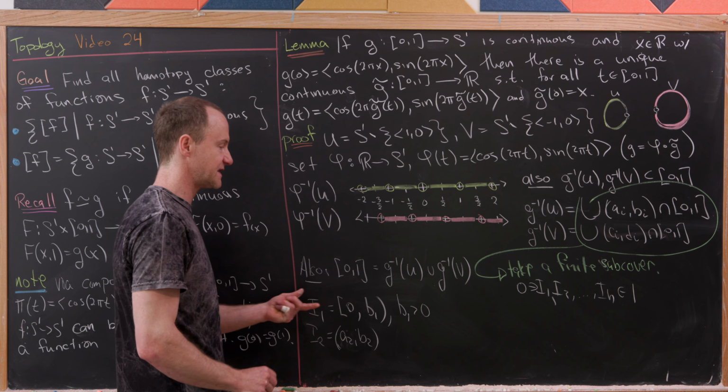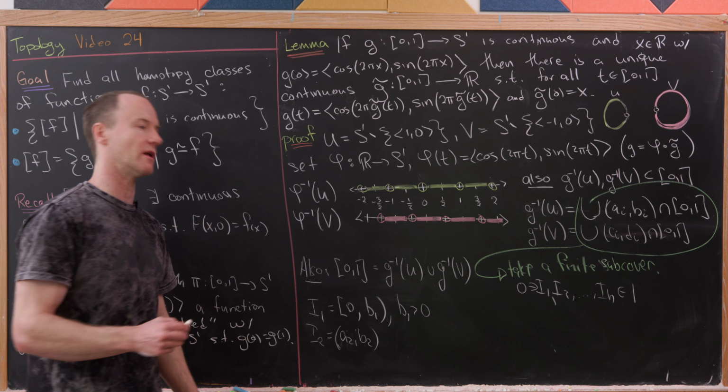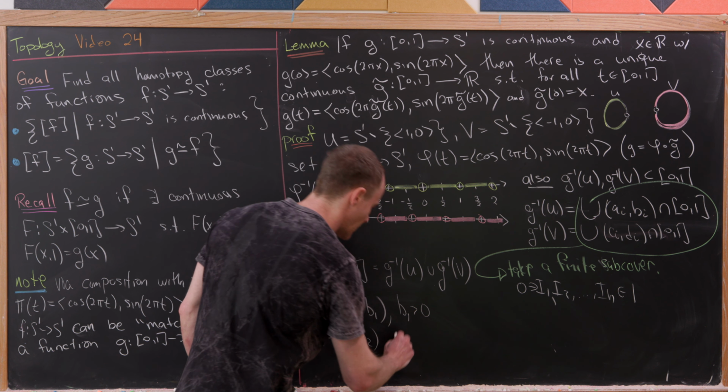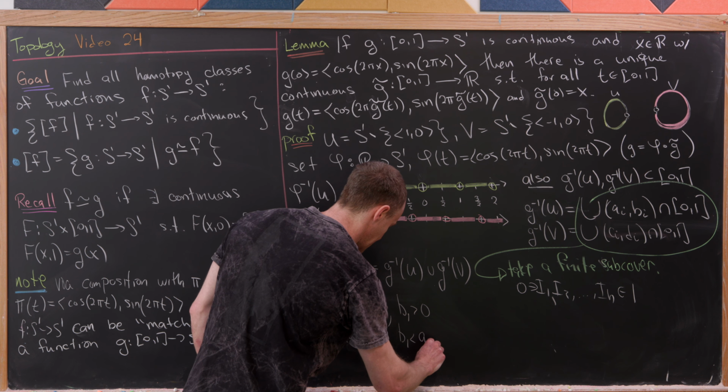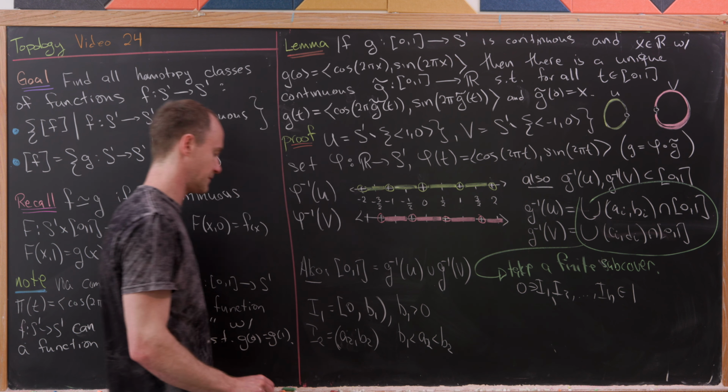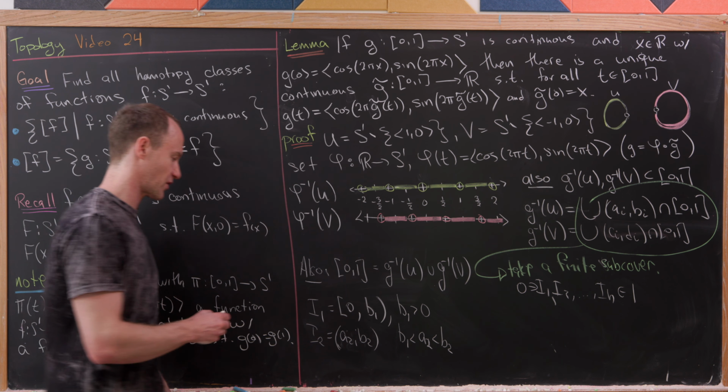Because we want these things to overlap, since we're covering all of [0, 1], we know that b1 is less than a2, which is less than b2. And now we just continue this process.